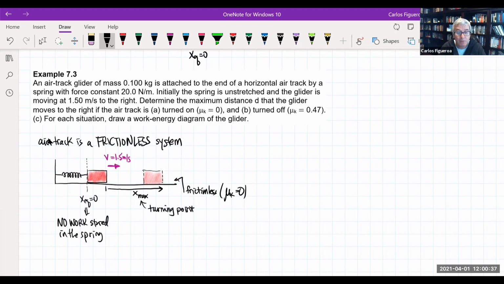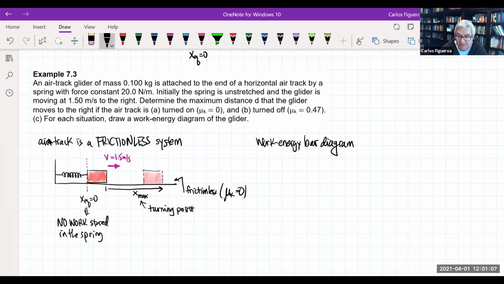So now, what do we know? We can try to get an idea of what's going to be happening here. According to the work energy theorem, let's draw a work energy bar diagram.